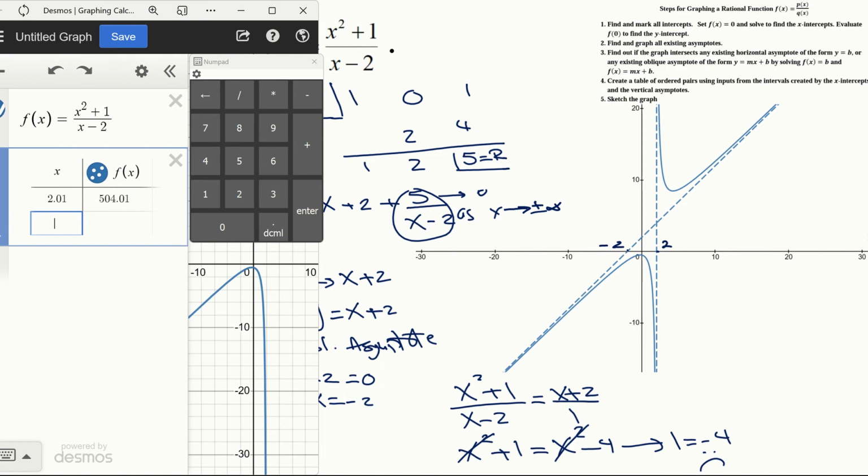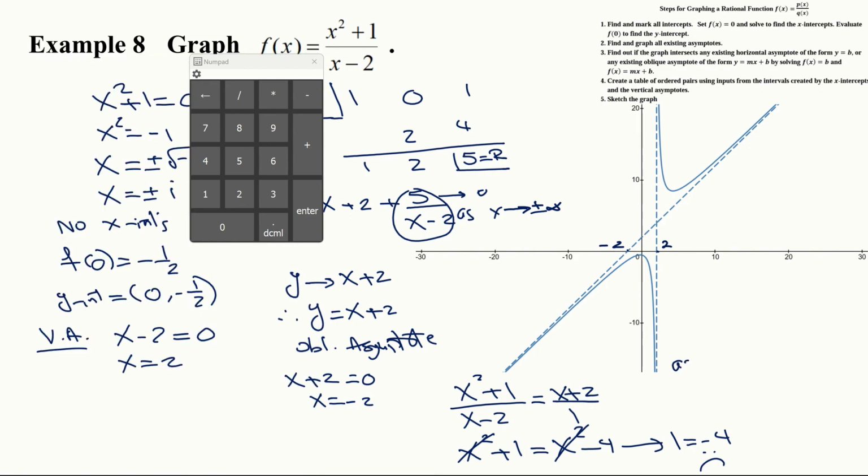Even if you get closer, like let's say 2.00001, right? Notice how large that number is. So you can see how the function is approaching infinity, the y values are approaching infinity as you approach 2 from the right, right? So we say as x approaches 2 from the right, f of x is approaching positive infinity.